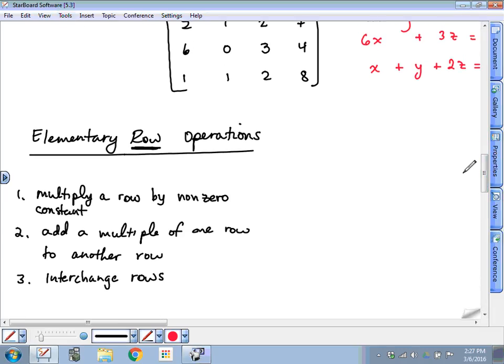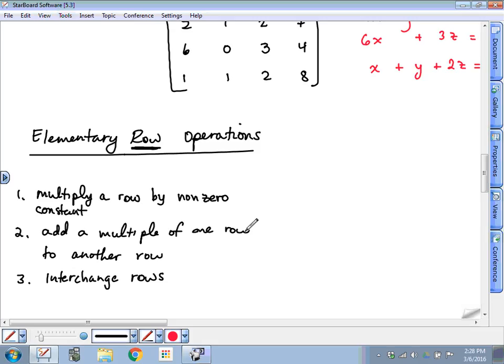So here are the three row operations. You can multiply a row by a non-zero constant, so it needs to be non-zero. If you multiplied a row by zero, you'd end up with just zeros in that row. That would be like multiplying an equation like I did just barely.